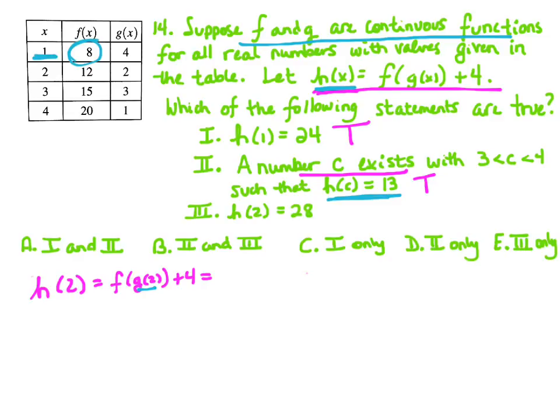If I go up here to my table, here's the 2, the g value is 2. So now I have f of 2 plus 4. I'm going to go back to my table and find a value for f of 2, and that's going to be 12. And so I get 12 plus 4, which equals 16.